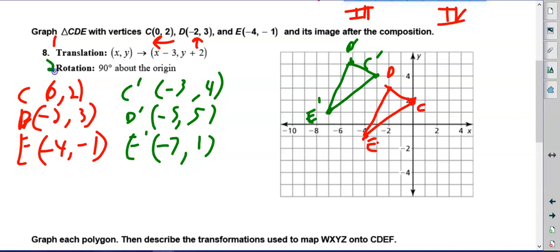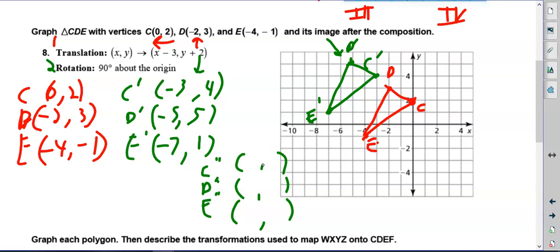Now, I'm going to rotate this shape right here about the origin 90 degrees. So I'm going to use my yellow card, and I'm going to make a new chart of C, D, and E, double prime, double prime, double prime. Okay, 90 degrees. Now remember, with 90 degrees, the trick is you're going to switch them, okay?